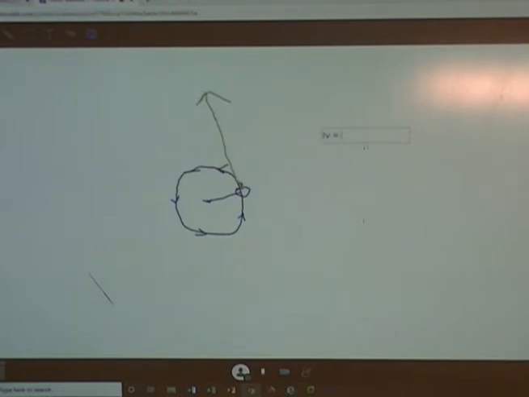Linear velocity equals rotational velocity multiplied by the radius of rotation, which is from the center to the circumference. Okay, and then I do a little squiggly symbol and an R. That's how I remember radius of rotation.